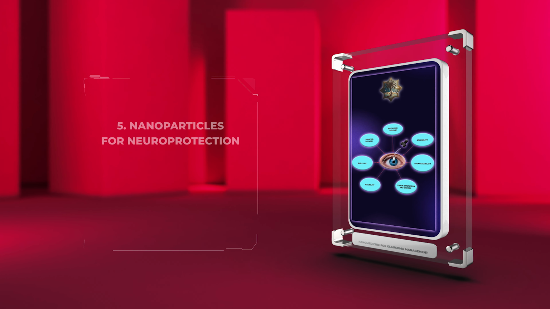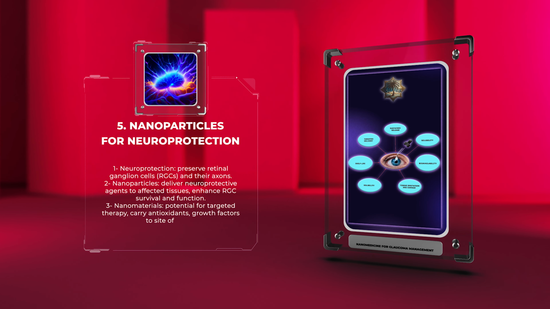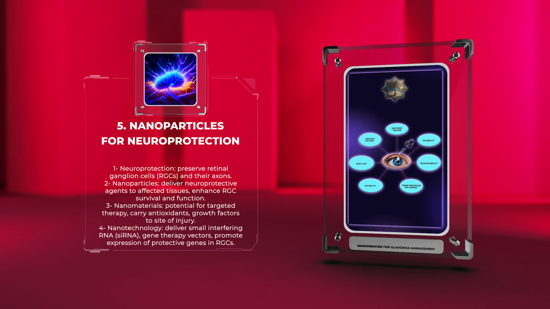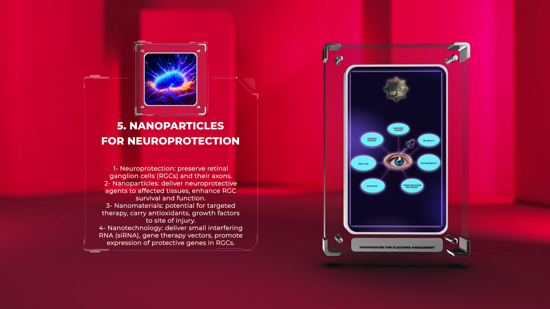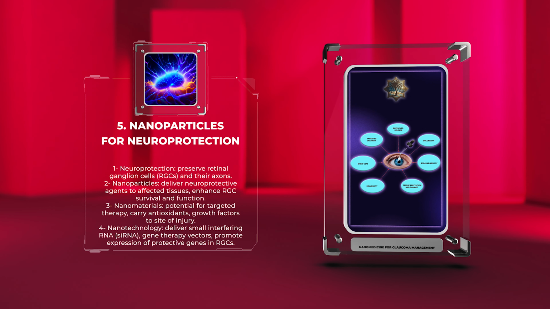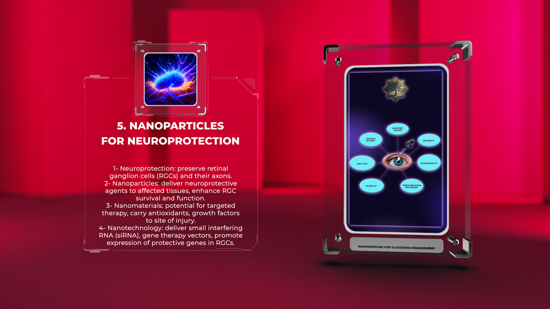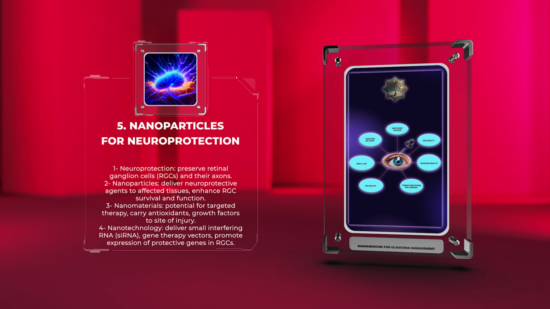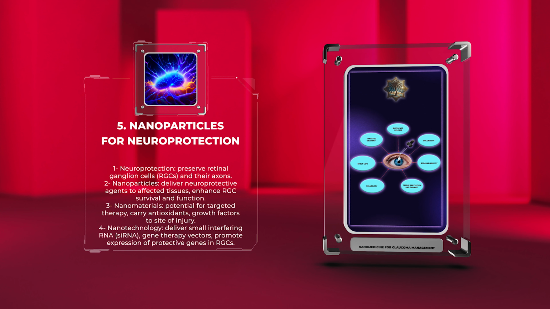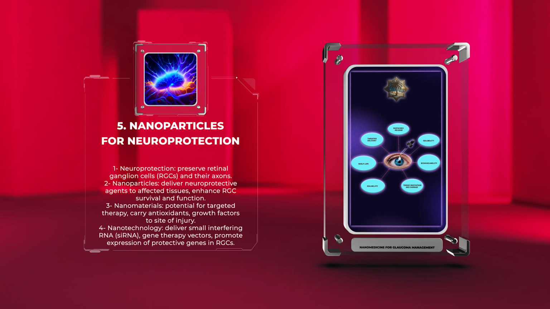Neuroprotection, the preservation of retinal ganglion cells, RGCs, and their axons, is a key therapeutic strategy in glaucoma management. Nanoparticles can play a crucial role in neuroprotection by delivering neuroprotective agents directly to the affected tissues. Various nanomaterials, such as gold nanoparticles and mesoporous silica nanoparticles, have been investigated for their potential to enhance RGC survival and function.